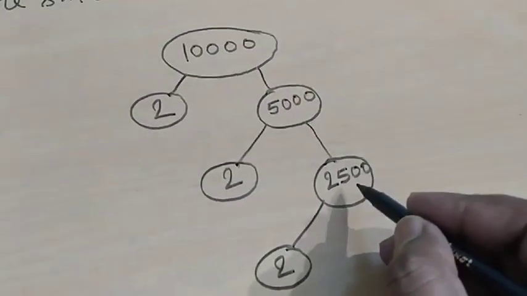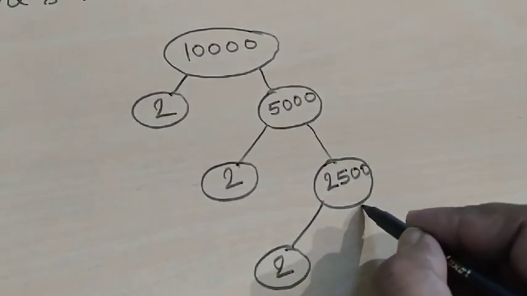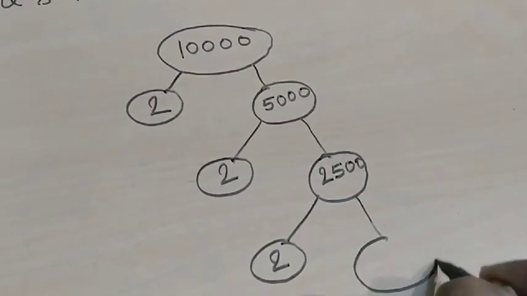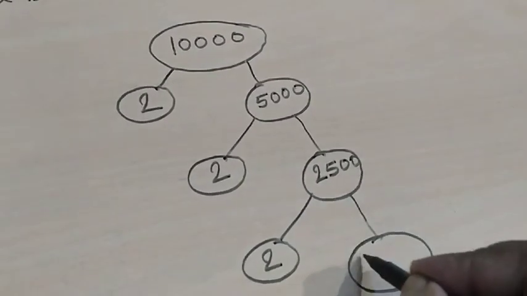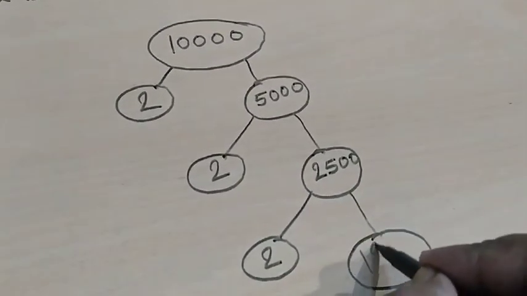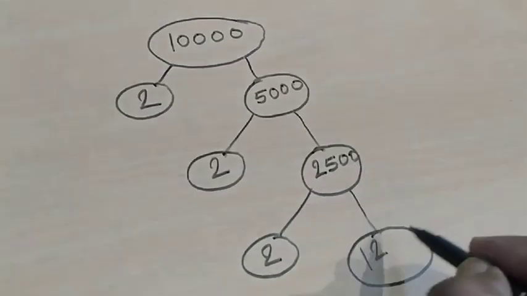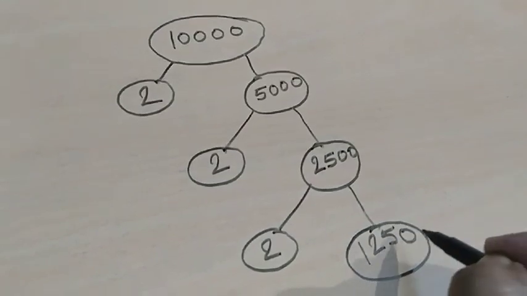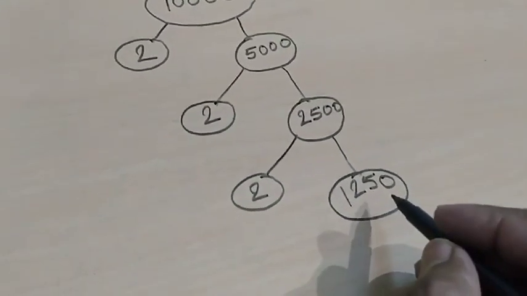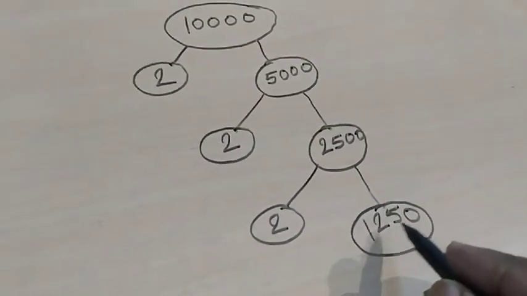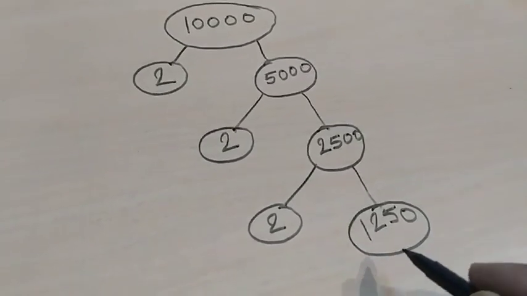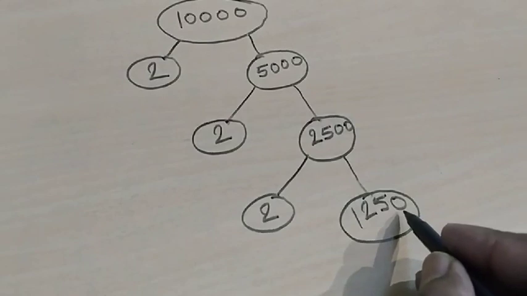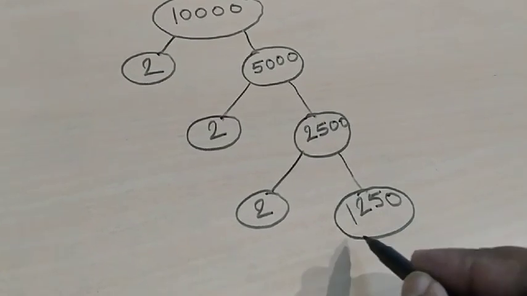If you divide 2,500 by 2, what is the quotient? 2 ones are 2, 2 twos are 4, carry 1, 1 and 0 is 10, 2 fives are 10, and we bring 0 here. So we obtain 1,250.